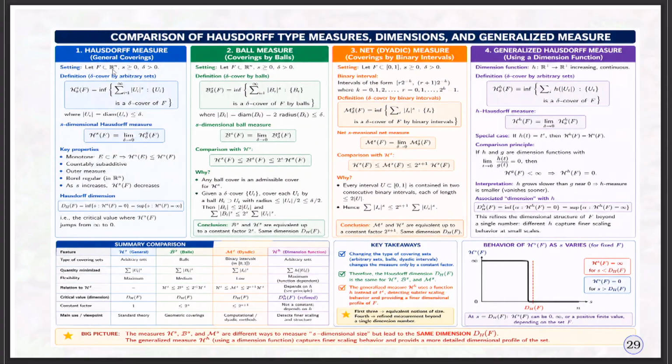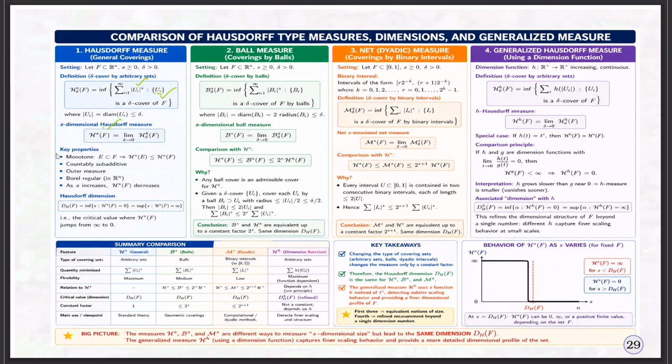Now we'll compare the Hausdorff dimension based on all the different methods. First, the Hausdorff measure for the general covering. Here h of s is defined by taking u_i as a delta cover of f, where modulus of u_i denotes the diameter of u_i, which is less than or equal to delta, an at most delta cover. Then as delta tends to 0, we define h^s of f.